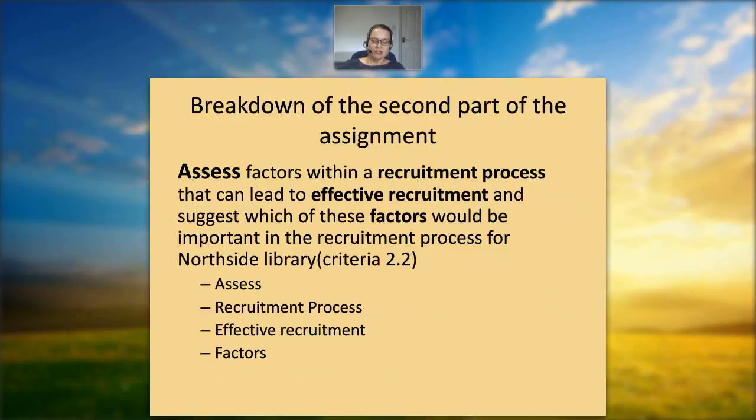So what I'm going to do actually is just break down that task a bit so that it's easier for you to understand. So the words in bold I'm going to talk about a little bit more in this tutorial. And the first of those words is assess.